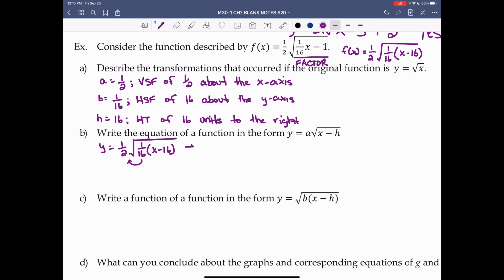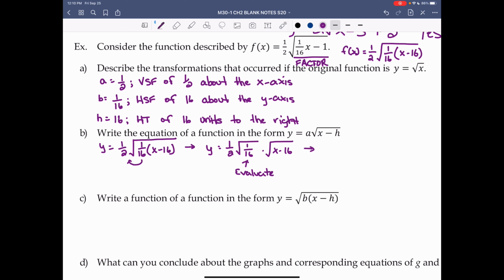So like we did above, we can write our radicand in two separate parts. 1/2 times the square root of 1/16 times the square root of x minus 16. Then we can evaluate this part. The square root of 1/16 is 1/4. The square root of 1 is 1. The square root of 16 is 4.